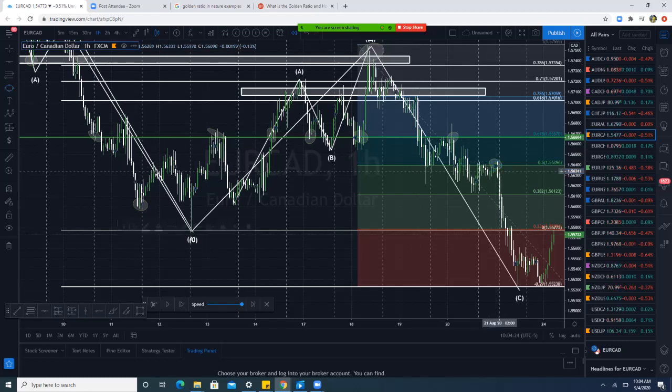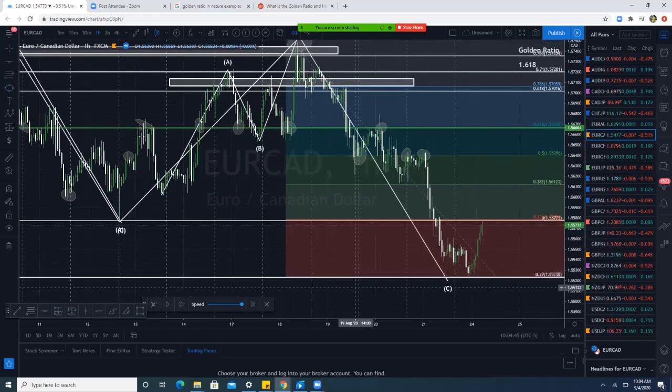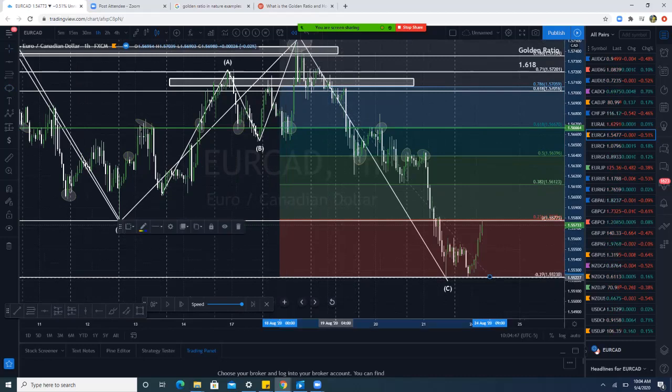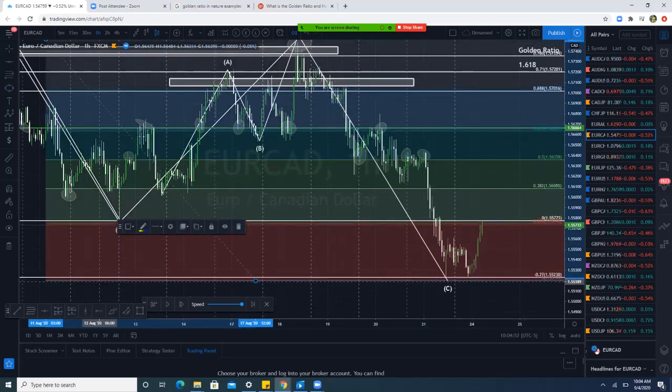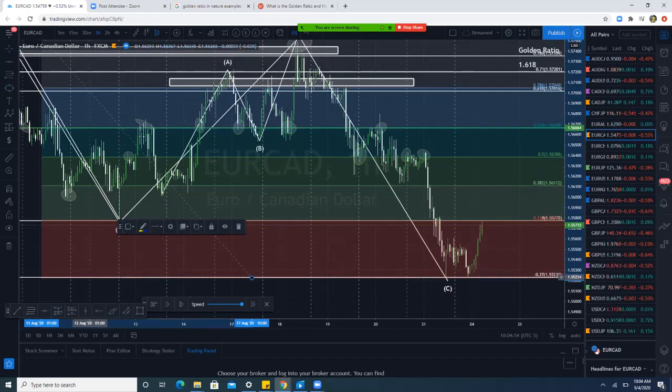And then the 50% mark has these data points here. So they both have a lot of different respects in the market. If I was to extend that out, let me actually do that so you can see it. There we go.